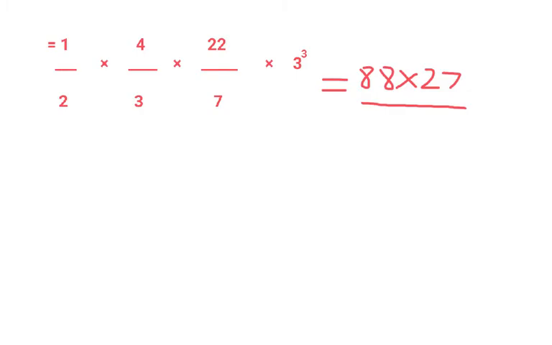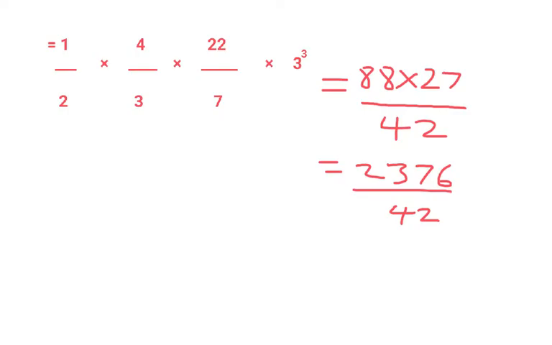That equals 42. When you multiply 88 by 27, you will get 2376 over 42.